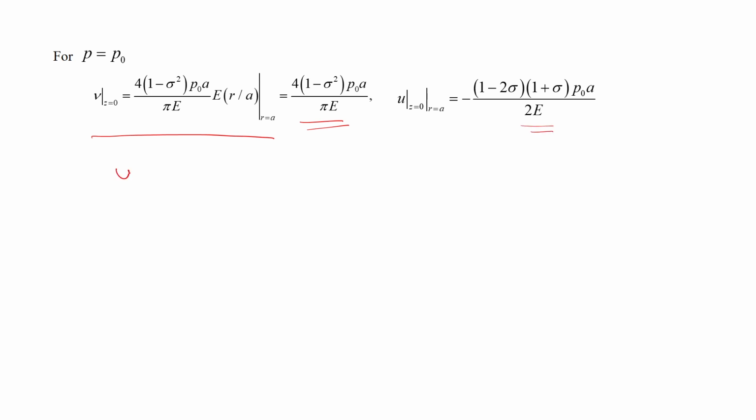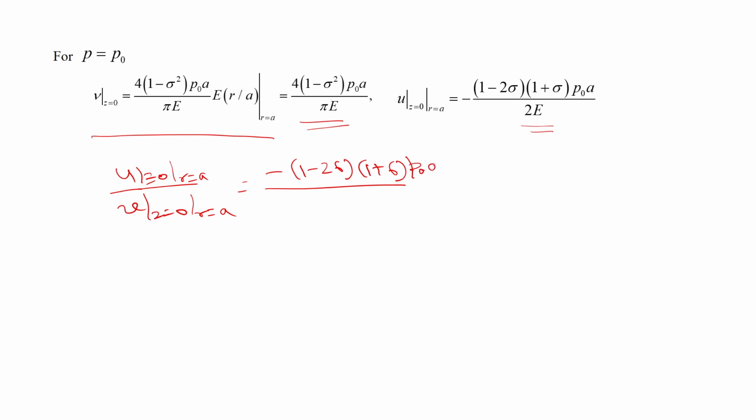Let me write that as u by v at z = 0, at r = a. That will turn out to be minus (1 minus 2 sigma) by (1 plus sigma) times P0 a by 2E on one side, and 4 into (1 minus sigma square) P0 a by pi E on the other.